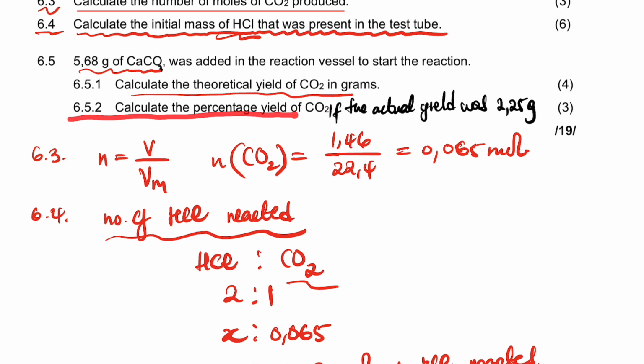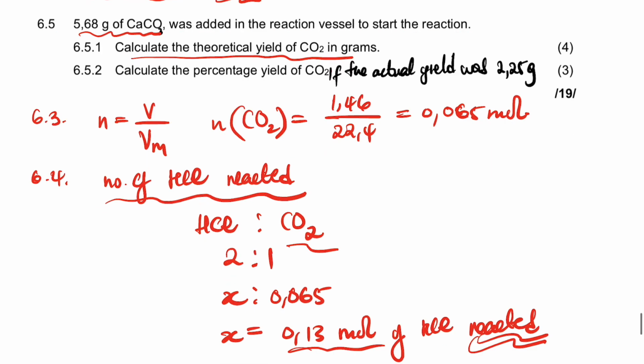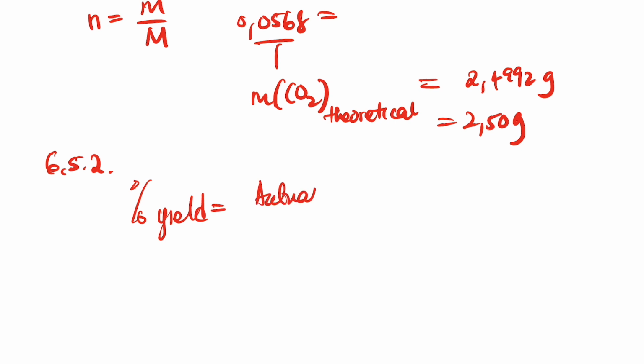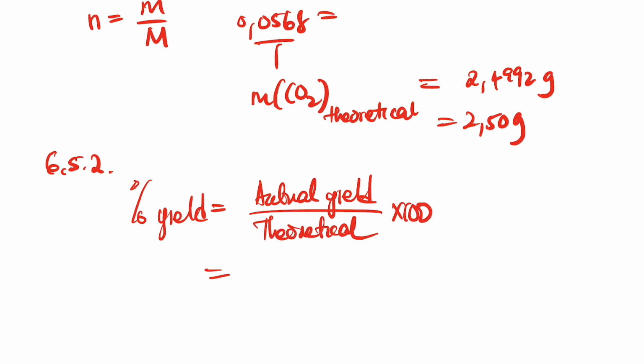6.5.2 says calculate the percentage yield if the actual yield was 2.25 grams. So in order to calculate the percentage yield, we have the theoretical, and now we use the formula that says percentage yield is equal to the actual yield divided by the theoretical yield times 100.